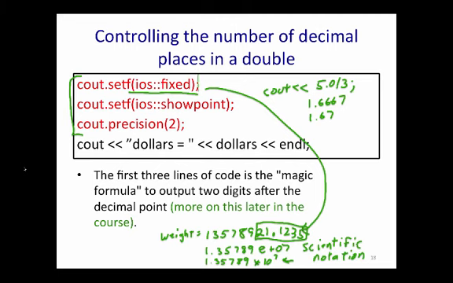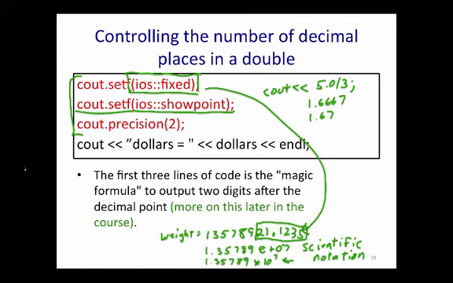By saying that we want it to print out as ios::fixed, it's going to print it out in a standard decimal format that we're accustomed to seeing. Showpoint, just put that in there for the time being. It forces a decimal point in certain circumstances.